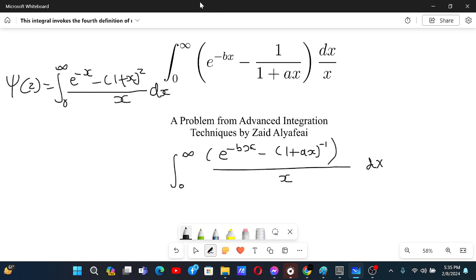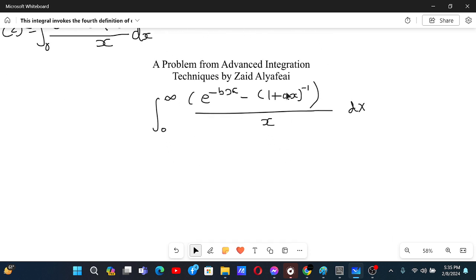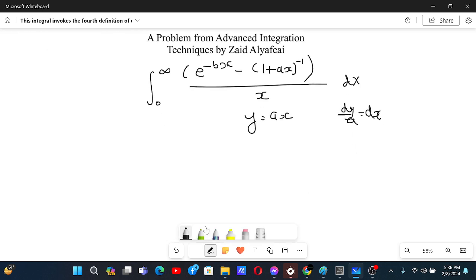So basically we don't have 1 plus x, and we don't have e to the power minus x as well. So let us try a substitution: y equals ax. Then dy by a equals dx. The limits will go from 0 to infinity itself, and x is y by a.